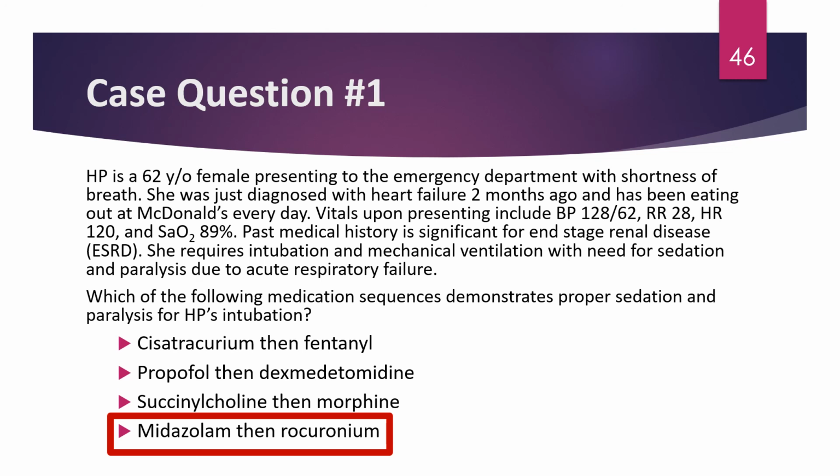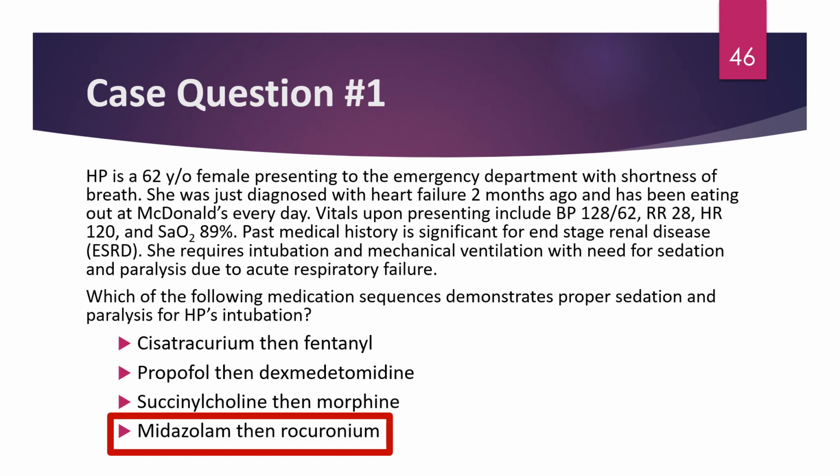Additionally, if you were to flip the situation on number 3 and do morphine then succinylcholine, that would actually be problematic because your patient does have end-stage renal disease. Maybe they might have hyperkalemia or be predisposed to hyperkalemia because of that.